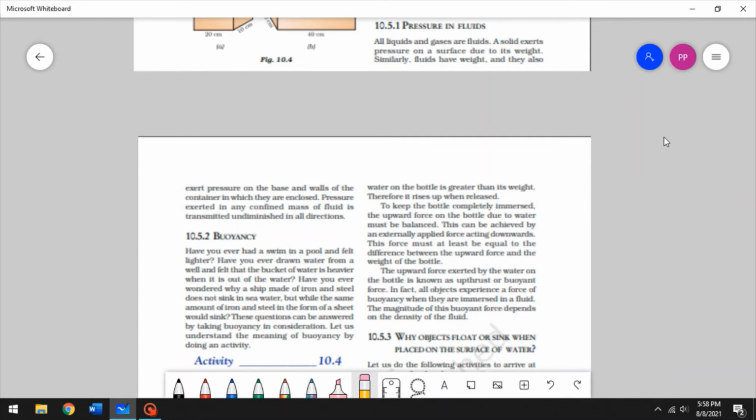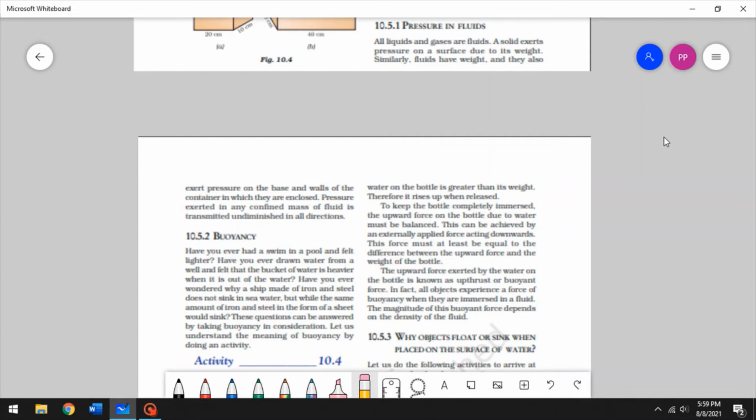And because of that weight, they exert pressure on the base of the container and the walls of the container in which they're enclosed, and the pressure exerted in any confined mass of fluid is transmitted undiminished in all directions. Alright, so it's not being transferred to any other place for it to decrease. Alright, it's being transmitted undiminished in all directions.